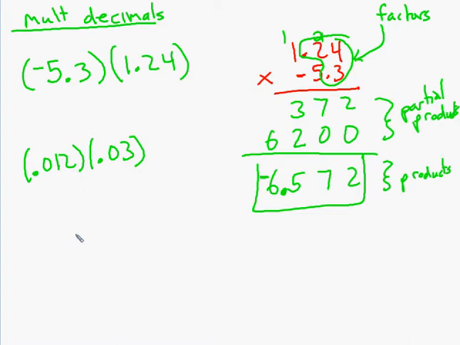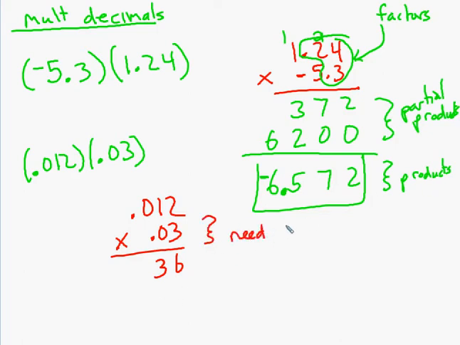So which of those would we recommend to put on the top? 0.0. Yeah, because I have more digits there. So I multiply these, and I made it simple enough. I get 36. But how many decimal places do I need? 5. Need 5 places.